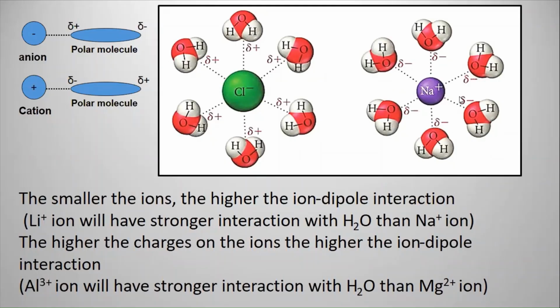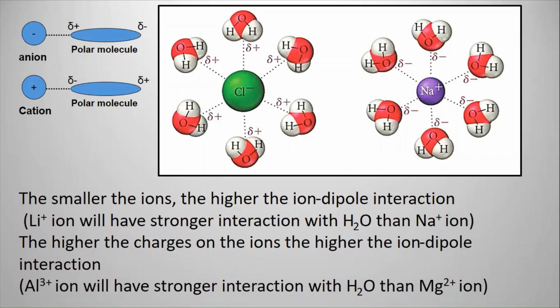And there are two factors affecting this interaction. Factor number one is the size. Factor number two is the charge. The smaller the size, the higher the electrostatic attraction. The higher the charges, the higher the electrostatic attraction. So these are the two factors that will reflect on the ion-dipole strengths.